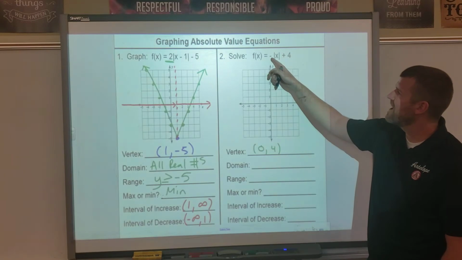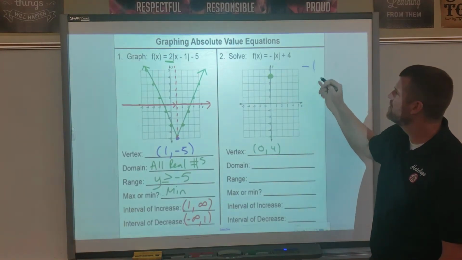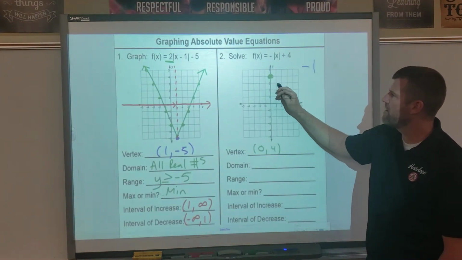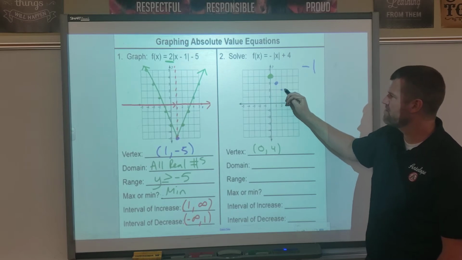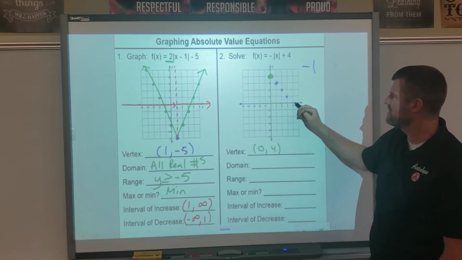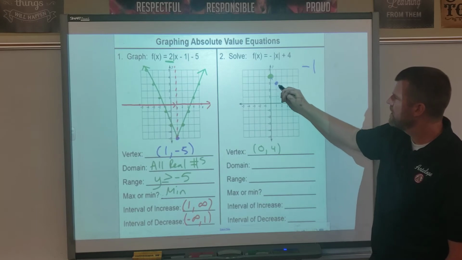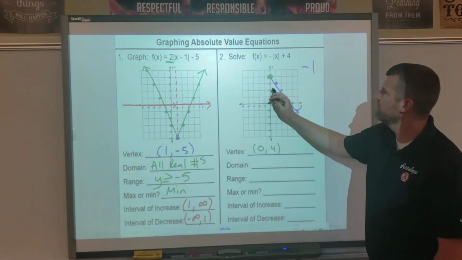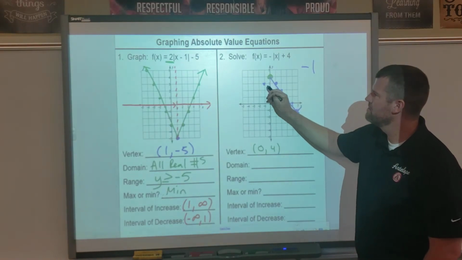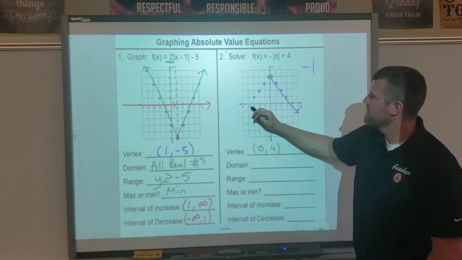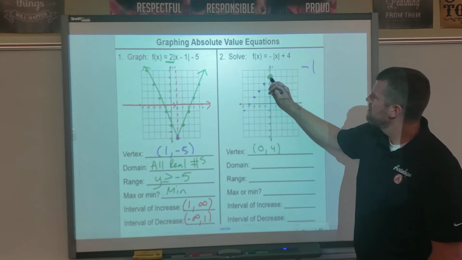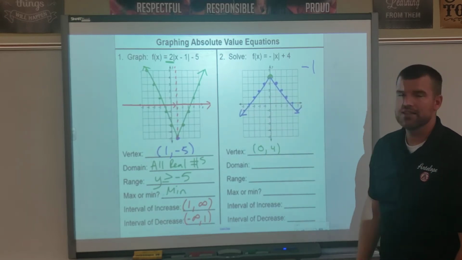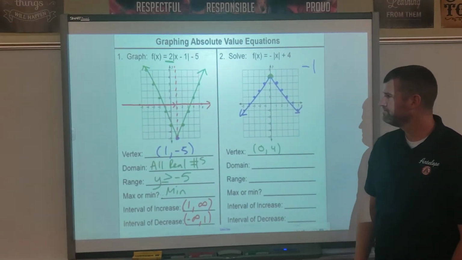Since our a is -1, we're going to go down 1 for every time we go over 1. So our slope on the right half of the graph is -1. To get our mirror image, we do the opposite: down 1, backwards 1, so that we get a nice symmetrical linear absolute value graph.